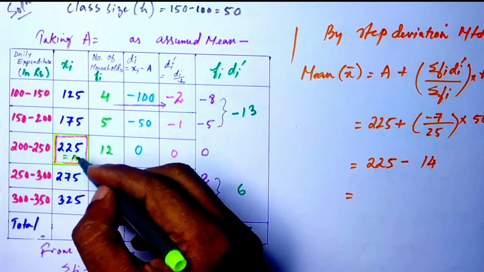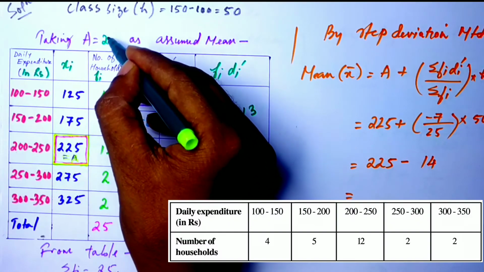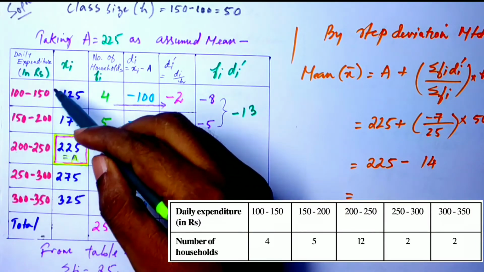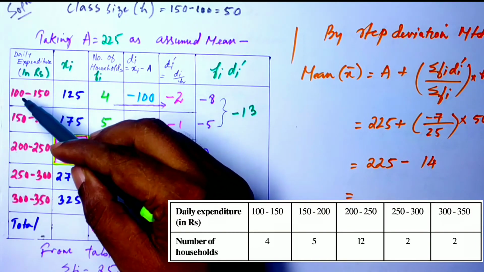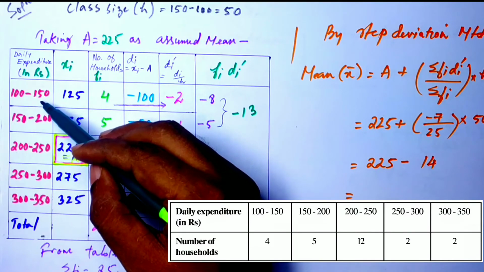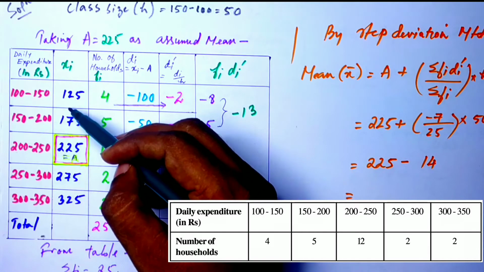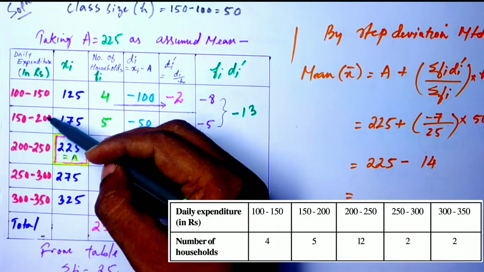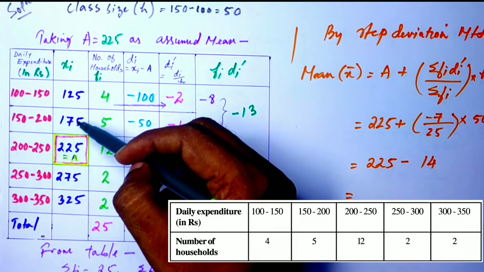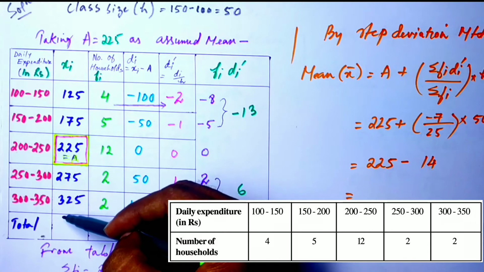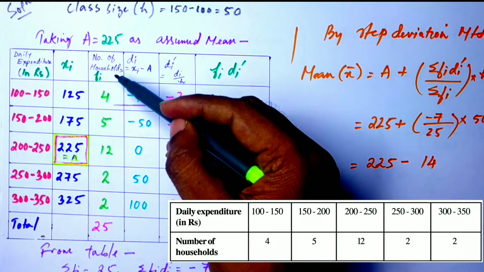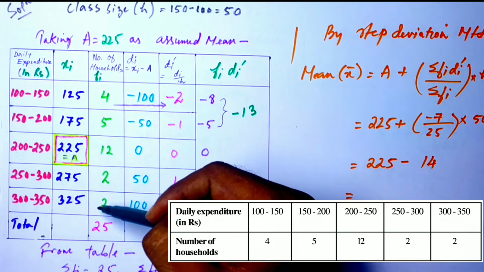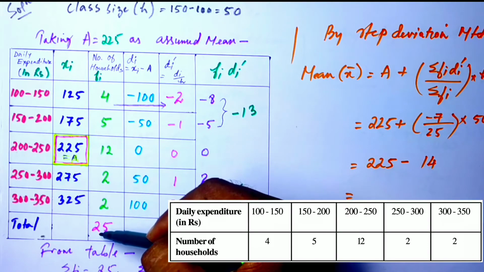Taking a equal to 225 as assumed mean, we got xi as 100 plus 150 is 250, divided by 2 is 125, and 150 plus 200 is 350, divided by 2 is 175, and further we got it like this. The number of households we have fi 4, 5, 12, 2, 2, which is 25 in total.